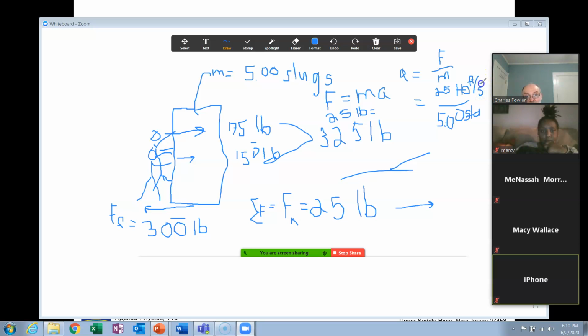That's a unit for acceleration. Velocity is feet per second. Distance or displacement is feet. Acceleration is feet per second squared, the rate of change of your velocity. Okay? And if you divide 25 by 5, obviously the answer you get is your acceleration.